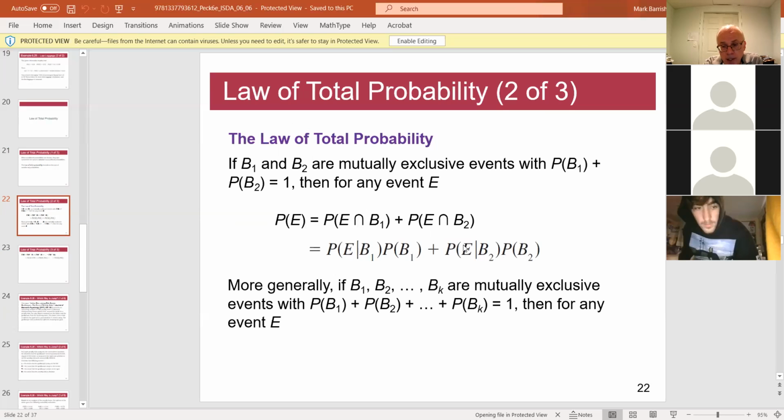I will probably not give you a question with the law of total probability, but it may come in handy later on, all right? It's just something to know. But it requires that E occurs with either B1 or B2. All right, so a little bit complicated.